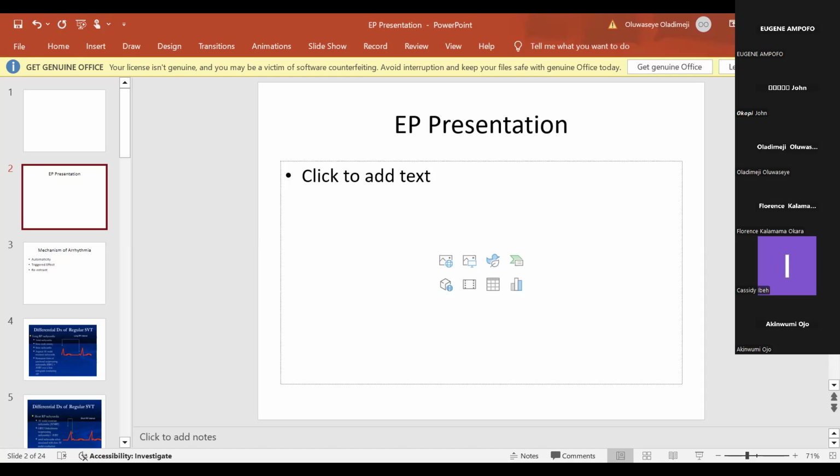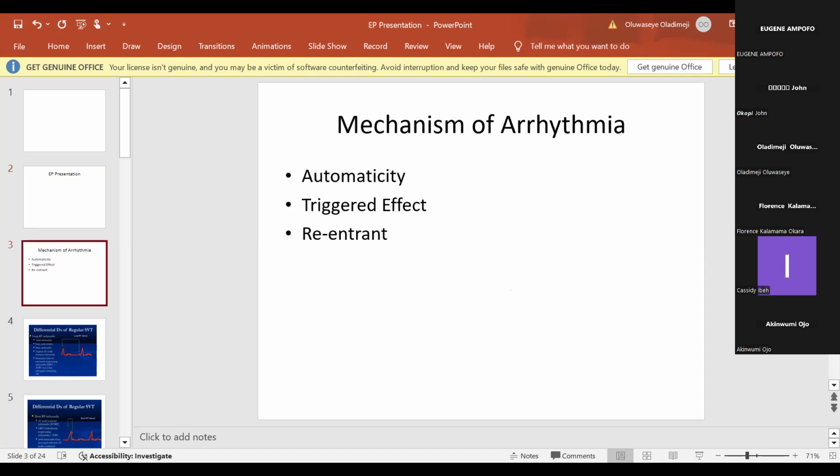As we said, there are three mechanisms for arrhythmia: increased automaticity, reentrant, and triggered effect. Increased automaticity is more related to anything taking over the pacemaker function of the heart.